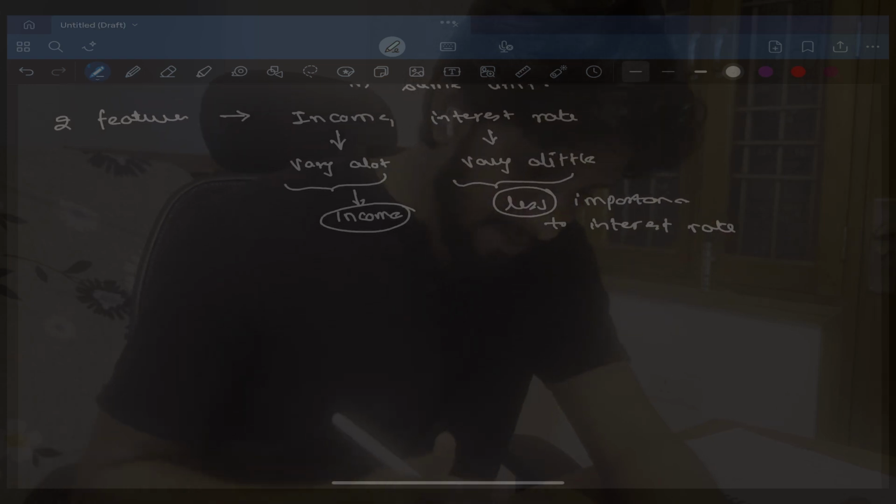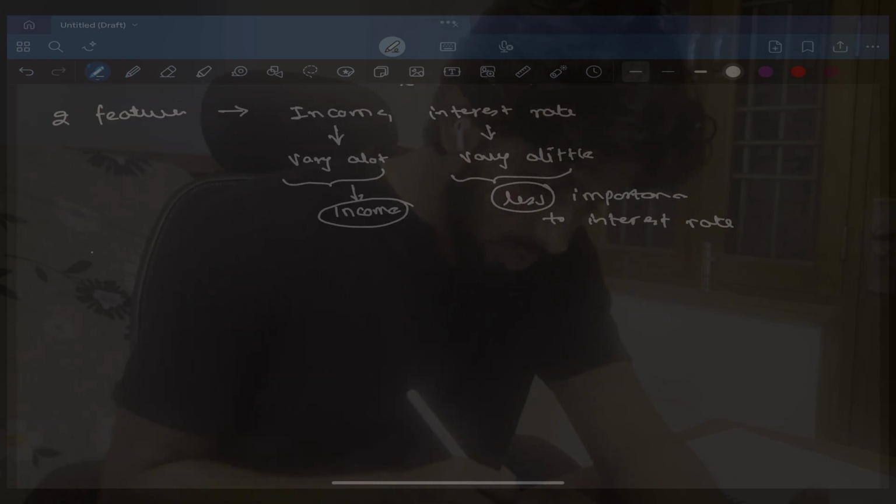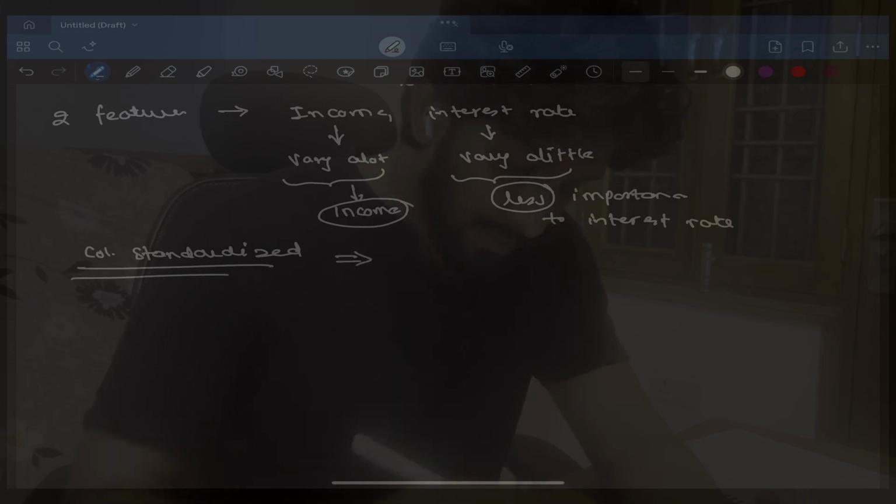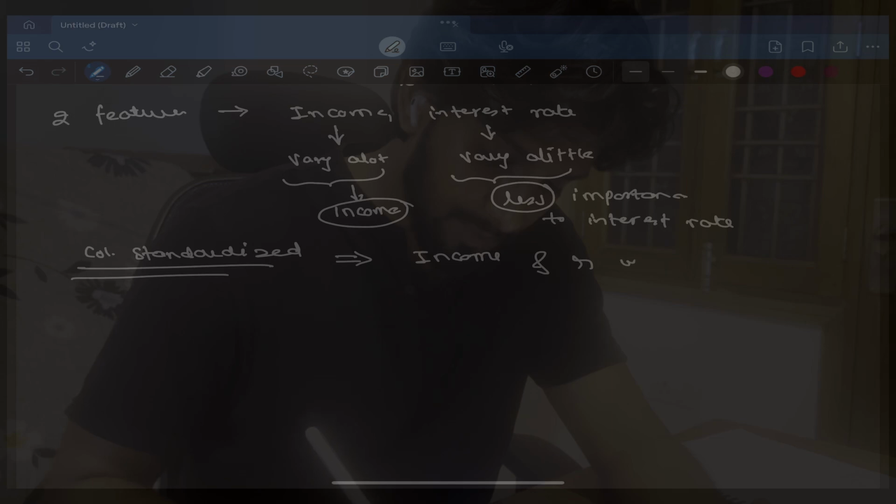But if I column standardize it, then they both will be on the same scale.